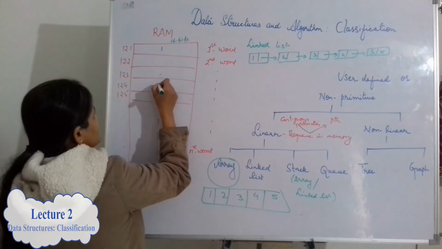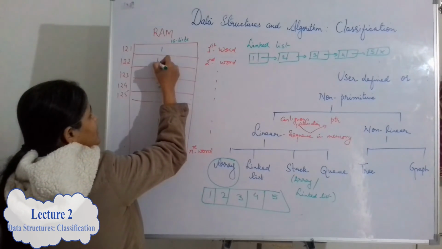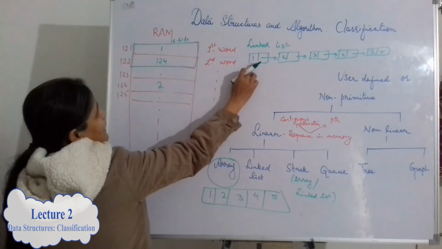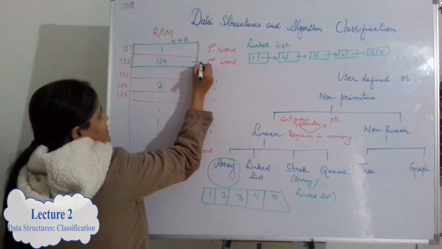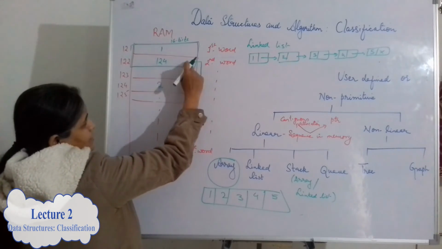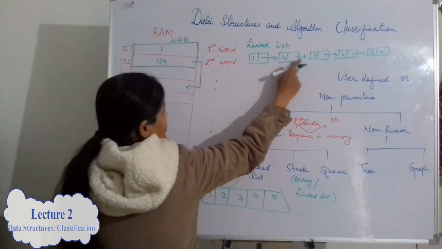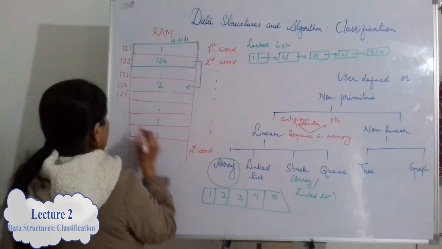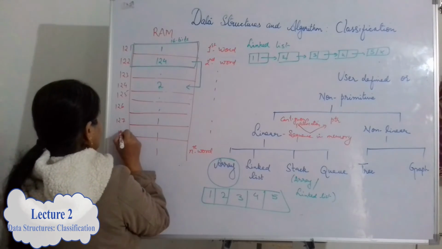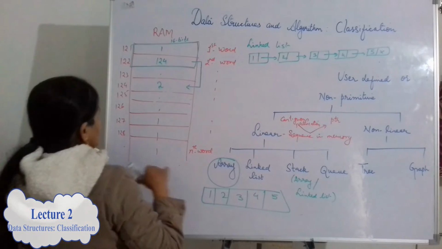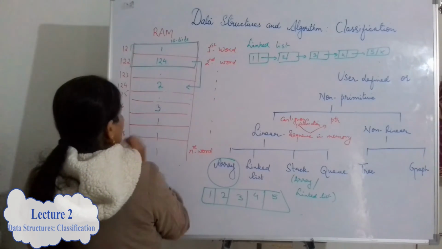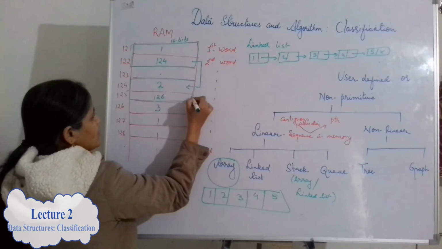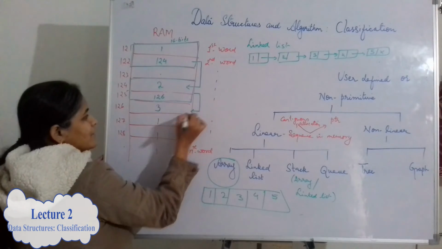Suppose your 2 is stored at address 124, so we will store 124 here. This is a single node of your linked list. It will point to the next element, and 2 will store the address of 3. Suppose 3 is stored at the 126th location, so I will store 126 along with 2. This node will point to the third element.